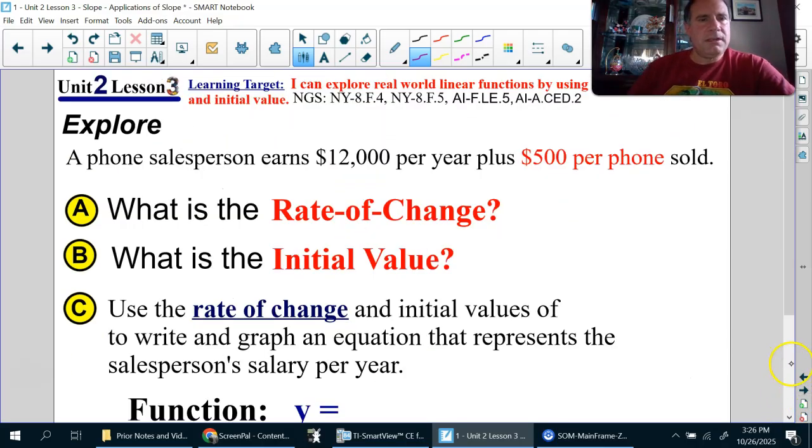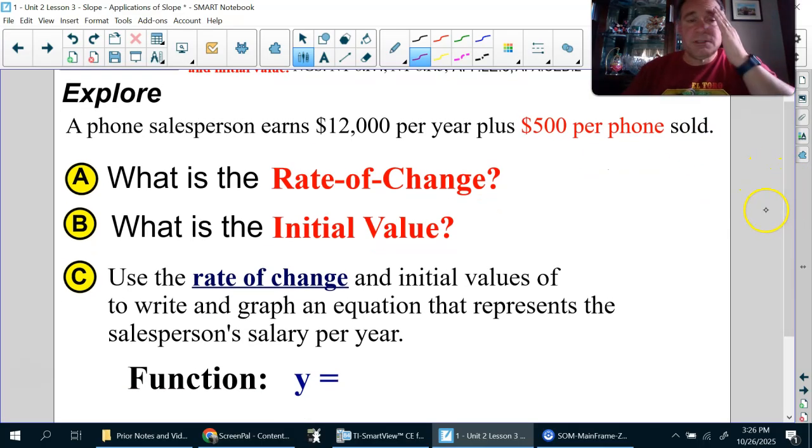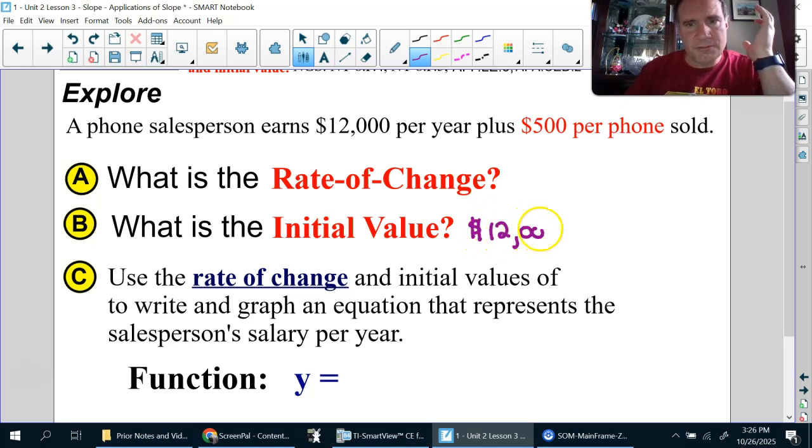So just going on, a salesperson earns $12,000 per year and $500 per phone sold. So this is for 1 year. What is the initial value? It is 12,000. So they earn $12,000 before they sell a phone. And then the rate of change, which is the slope, is $500 per phone.